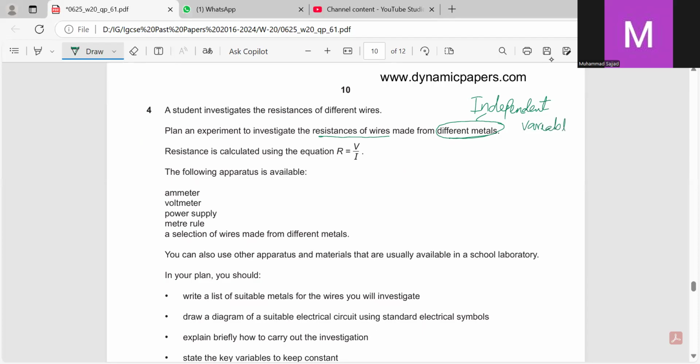More suitably, you should go with variable. Whereas the resistance of the wire is the dependent variable. If the metal is changed, even for the same dimensions, the resistance of the wire for that particular metal will be changed. So, dependent variable.